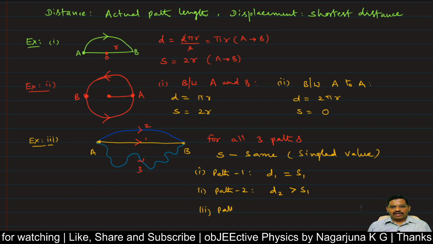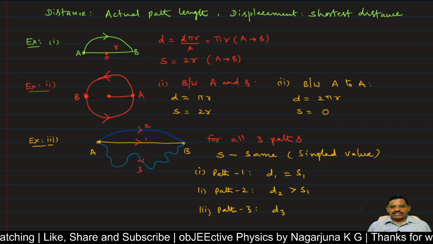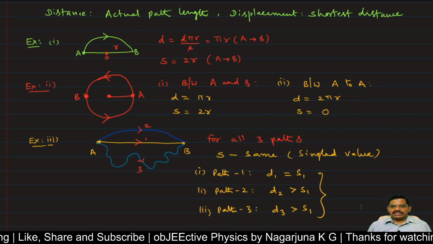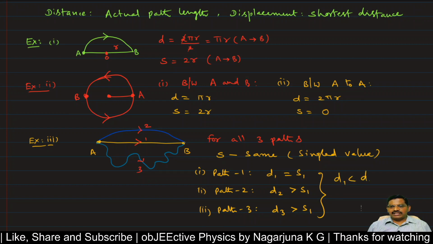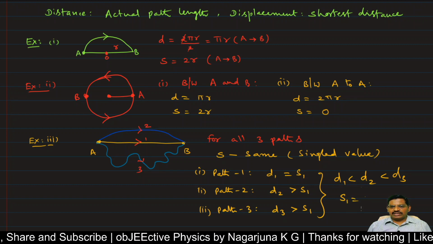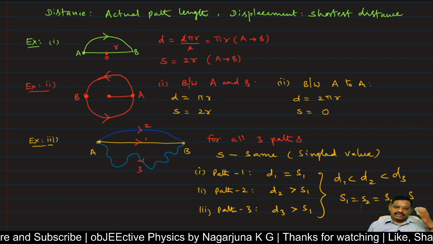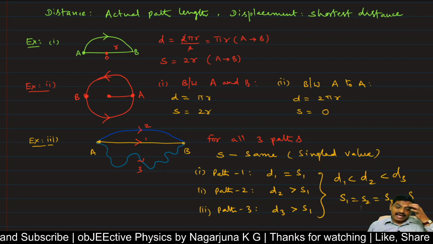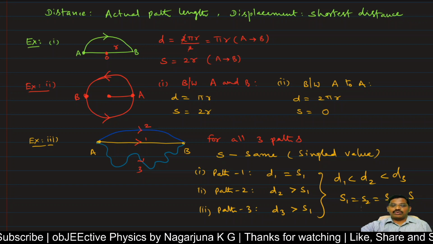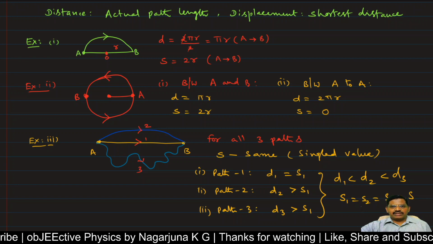And for path 3, distance is assumed as d3, d3 is greater than s1. And in all these cases, d1 is less than d2 is less than d3 path lengths, but in all the cases displacements are equal. That is the meaning of displacement having a single value when a particle travels between 2 points, but distances have different values, depending upon the path length.